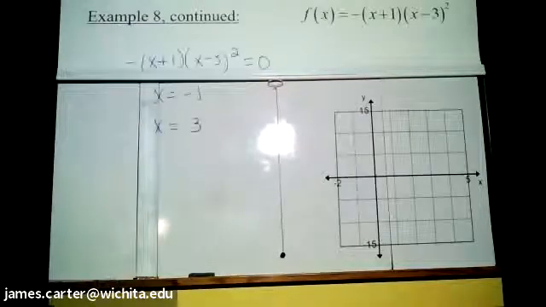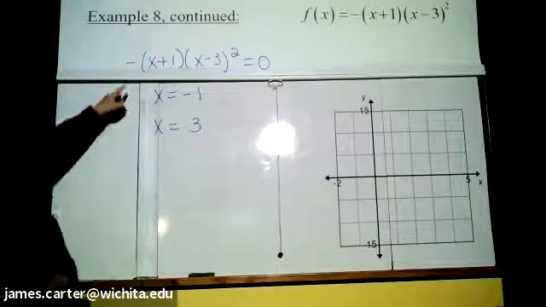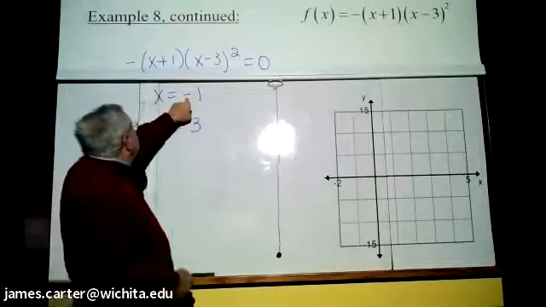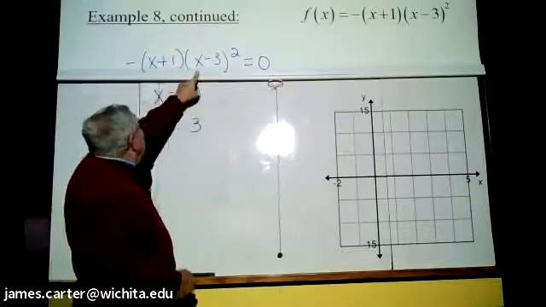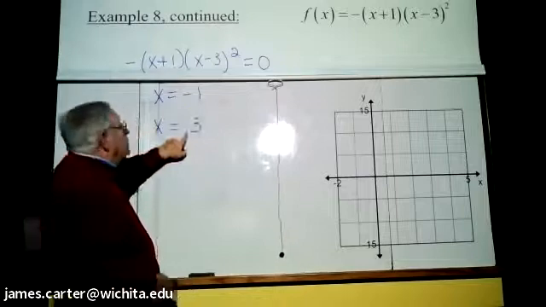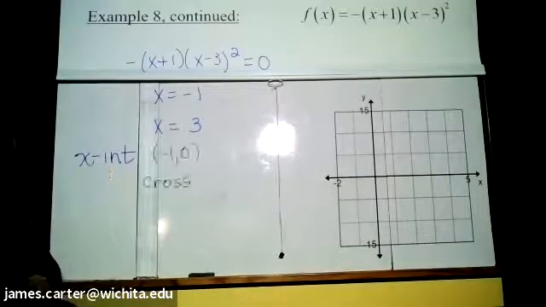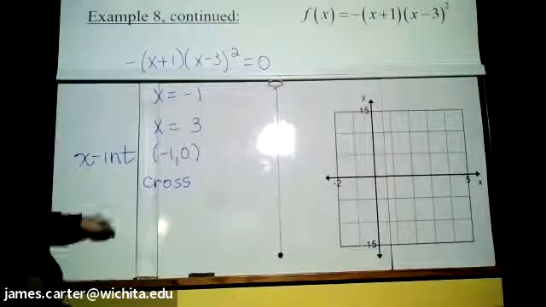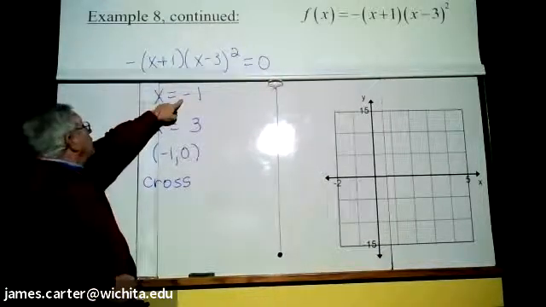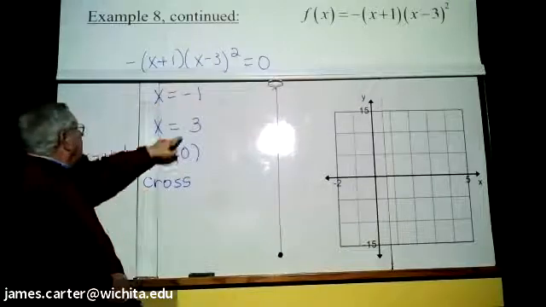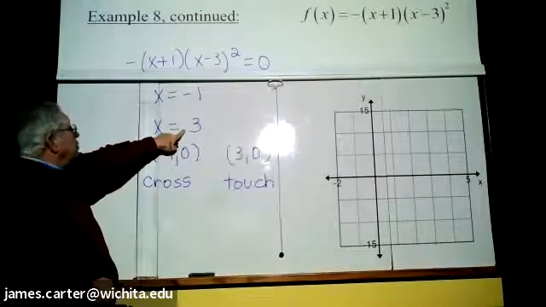So let's continue with this one. From here we find x is -1, and here x is +3. So those are our x-intercepts. This one is a crossing, and this one is a touch and go.